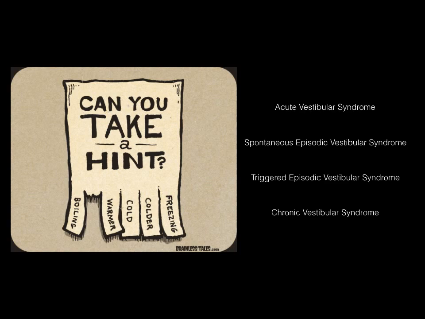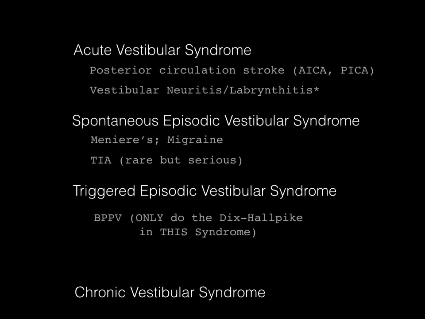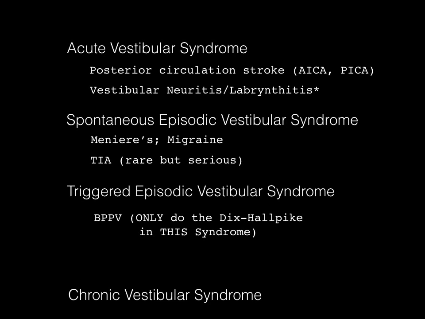Right? And then remember your different kinds of vestibular syndromes, their differentials. So acute vestibular syndrome includes your posterior circulation stroke, AICA and PICA in particular. Vestibular neuritis or labyrinthitis. Remember spontaneous episodic vestibular syndrome. So remember there's no trigger here. It can be Meniere's disease or TIAs. It can also be vestibular migraines.